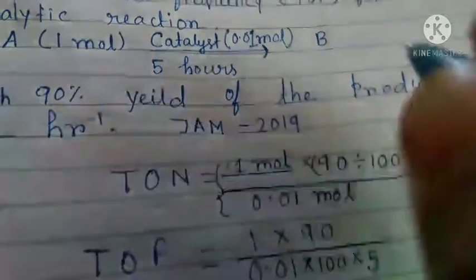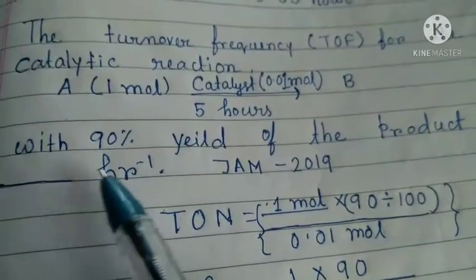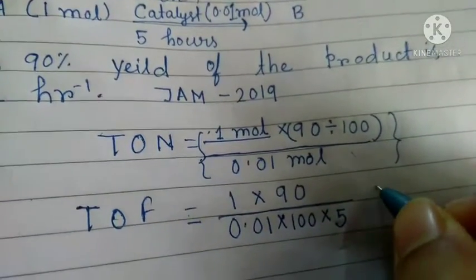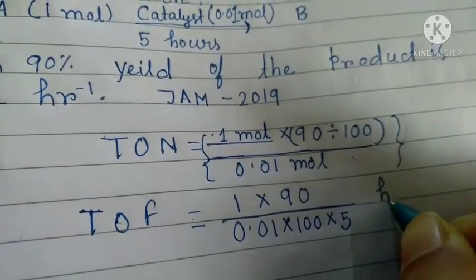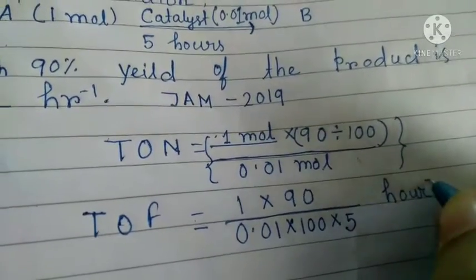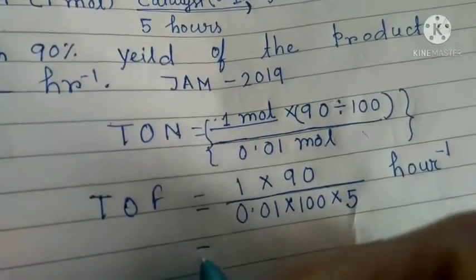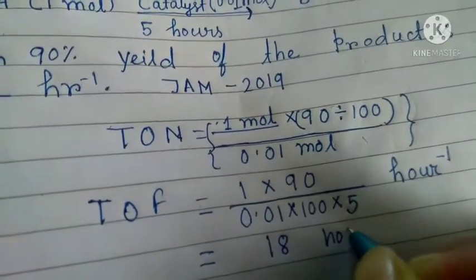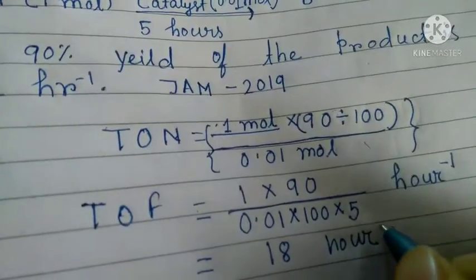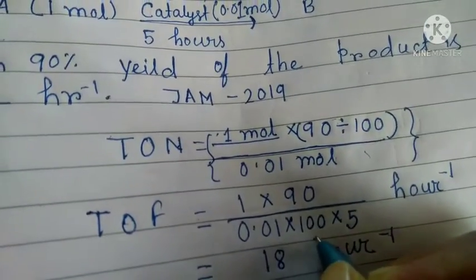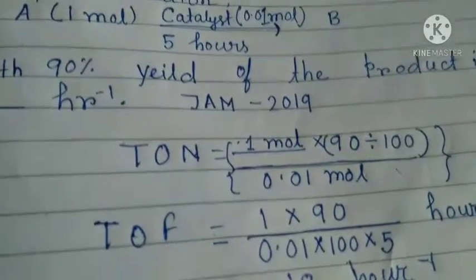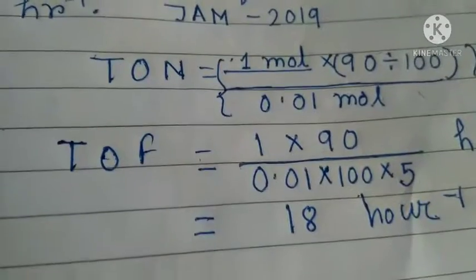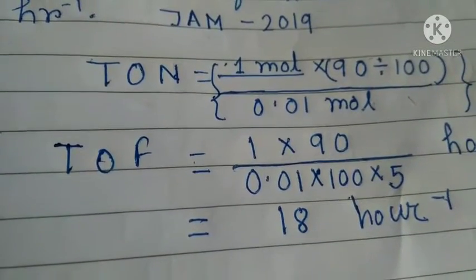As they asked the answer in hour inverse, it will be divided by 5 hours. So it would come around 18 hour inverse. So the turnover frequency of this particular catalytic reaction will be 18 hour inverse.